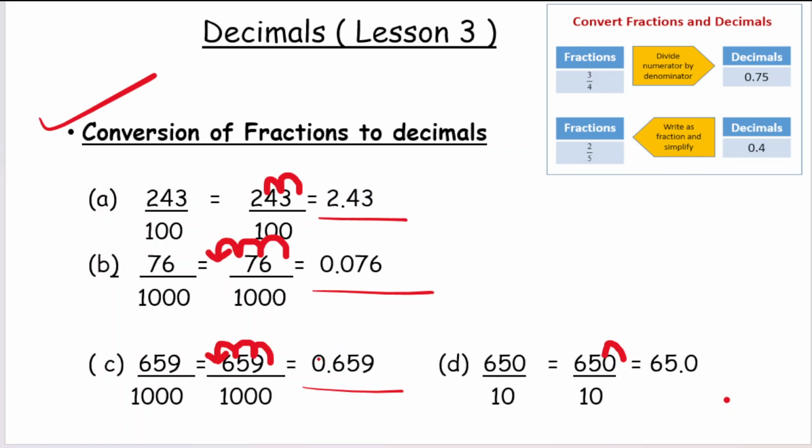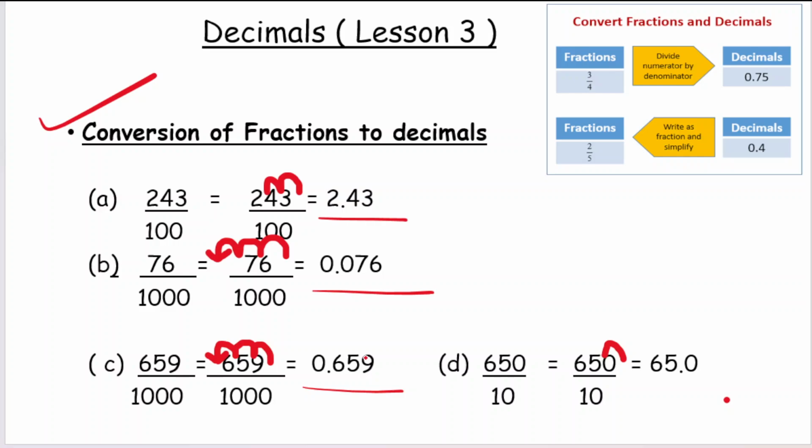My decimal will be before 6. So it is actually 0.659. Since there is nothing in the whole number part, I have put a 0 in the whole number part.